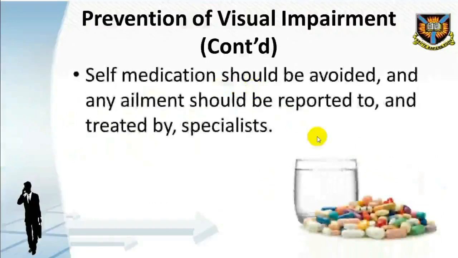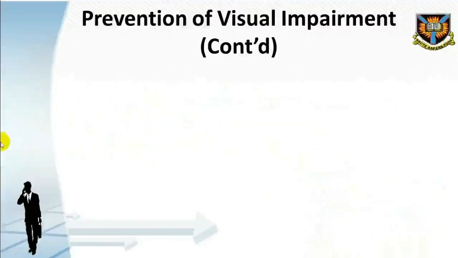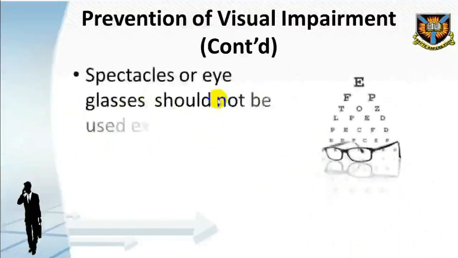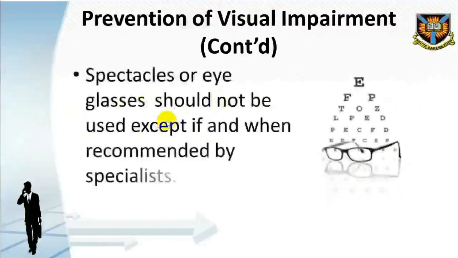Self-medication should be avoided and any ailment should be reported to and treated by specialists. 6. Spectacles or eyeglasses should not be used except if and when recommended by specialists.